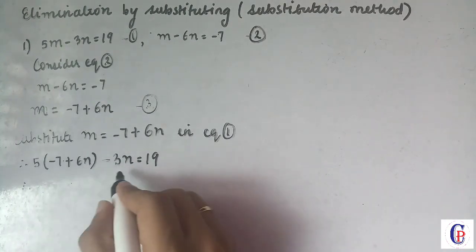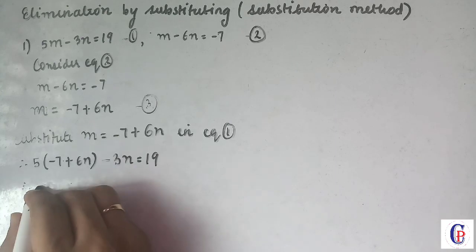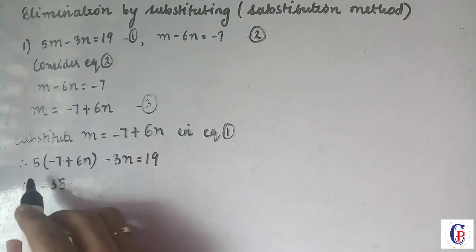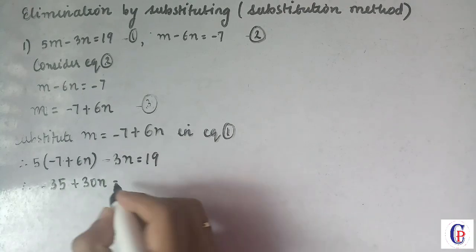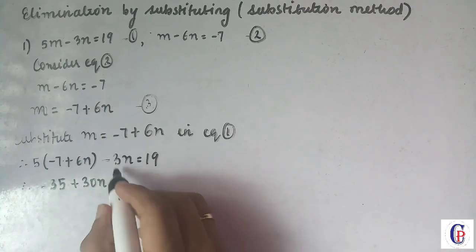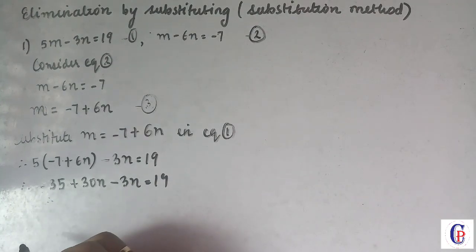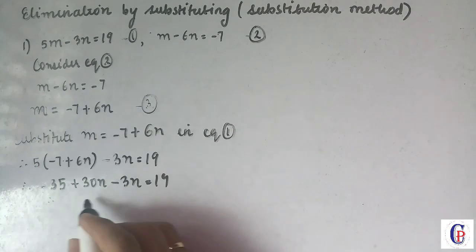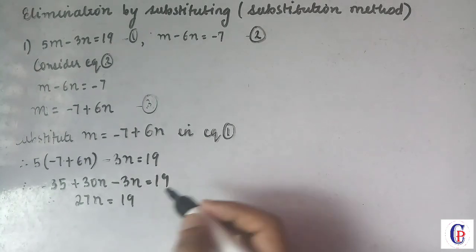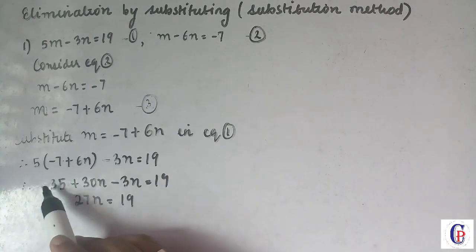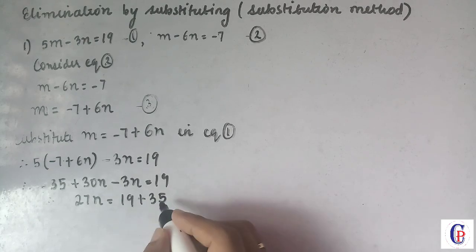Since it has only n, we can easily find the value of n. So 5 into minus 7 is minus 35. 5 into 6n is 30n. So we have opened the brackets. Now minus 3n is equal to 19. Keep the letter on one side and numbers on the other side. So 30n minus 3n is 27n, and this 19 is already on the right side, but this minus 35 will come to the right side and become plus 35.